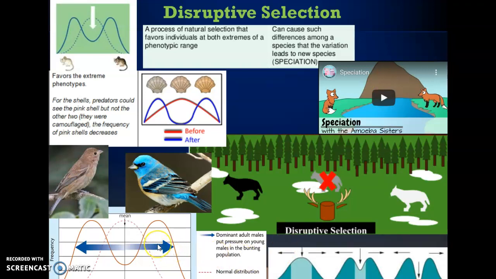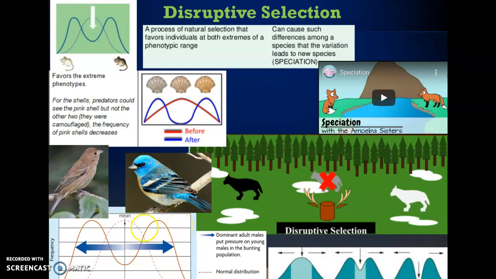And then the example from your book, I guess I'm kind of on a bird thing right now, are these lazuli buntings. I'm probably mispronouncing that, but hey, I tried. And these lazuli bunting males, they have to compete for females. That's what they have to do.